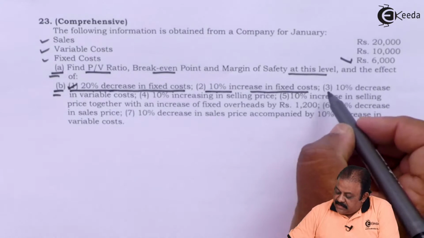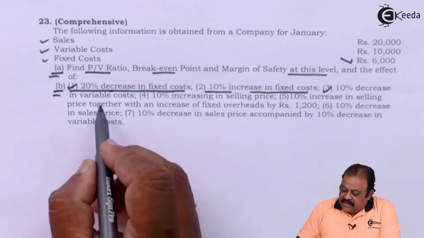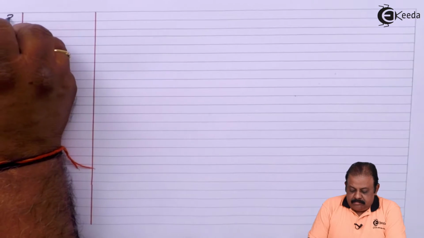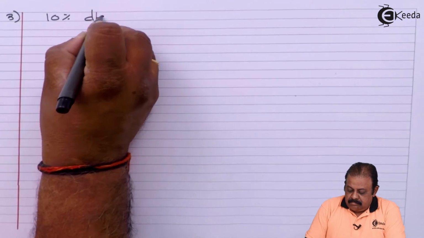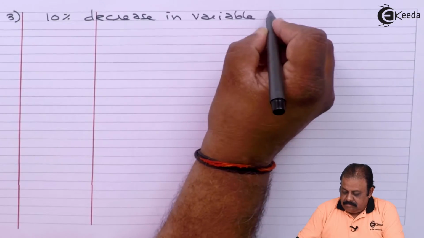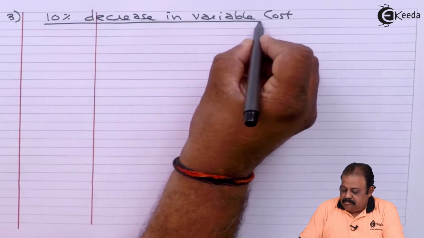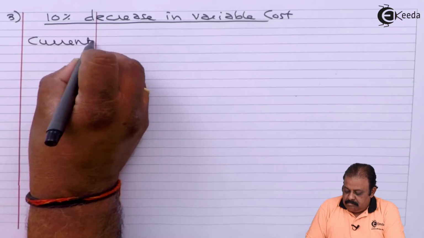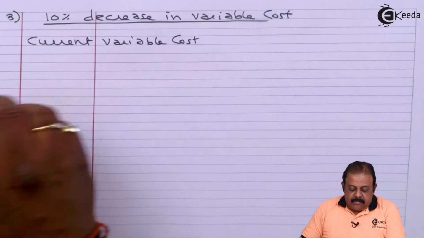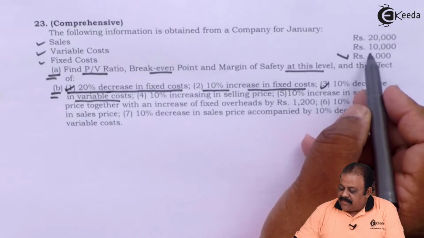Next sub question says 10% decrease in variable cost. Current variable cost is given as rupees 10,000.